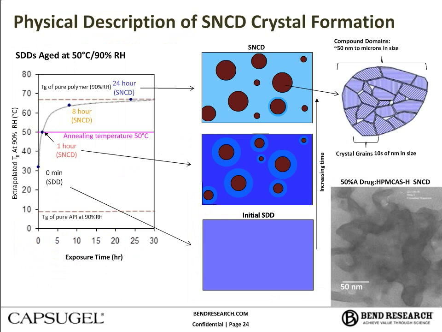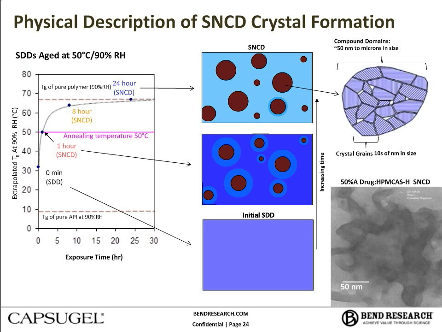This slide shows in a little bit more detail the crystallization process, which is key to the technology. In this example, we have a drug polymer dispersion with a high Tg polymer and a low Tg drug. We place the SDD in a temperature and RH such that it is above the Tg of the dispersion, resulting in a lot of drug mobility. And then the drug begins to migrate and crystallize into small domains.